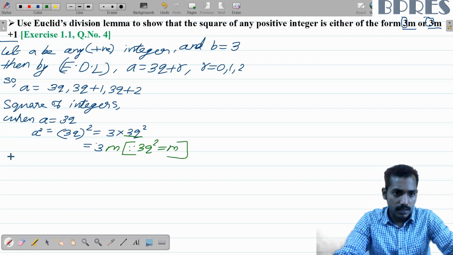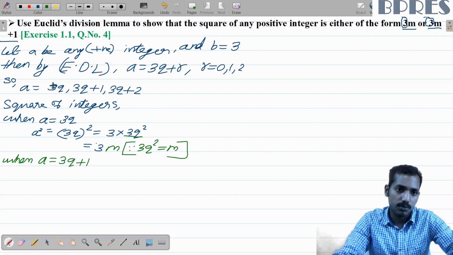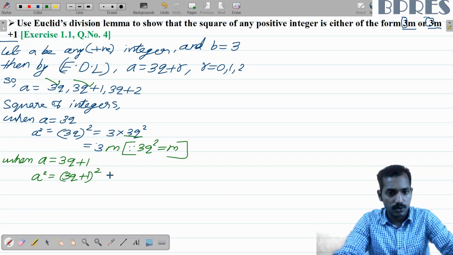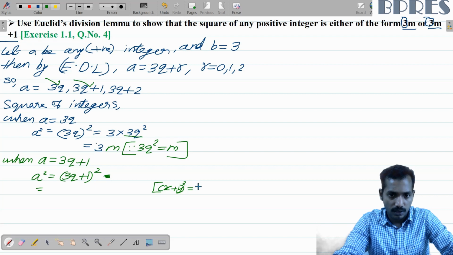Okay. Now let's take when a is equal to 3q plus 1. That is the second case. a square is equal to 3q plus 1 whole square. How to expand this? The identity we have learned: x plus y whole square is equal to x square plus 2xy plus y square.